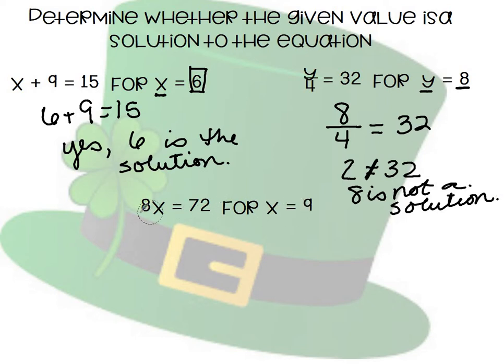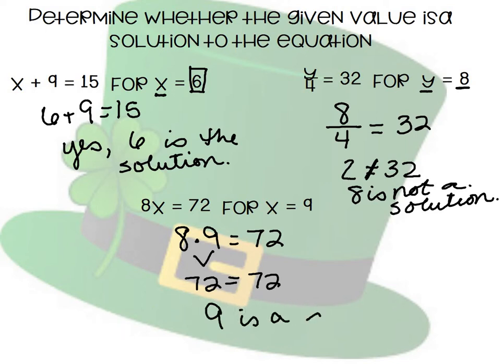Then I have 8 times x equals 72 for x equals 9. I substitute in the 9 for the x. 8 times 9 indeed is 72, so I have 72 equals 72. Therefore, 9 is a solution.